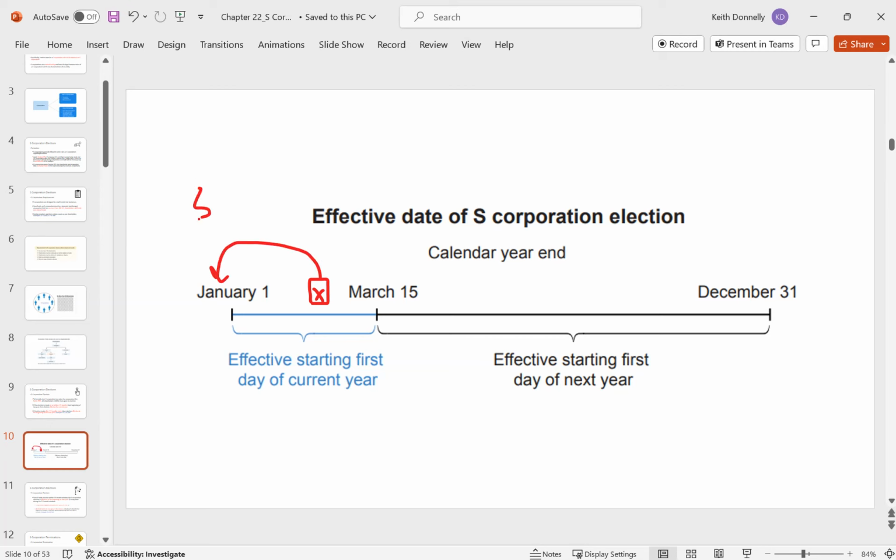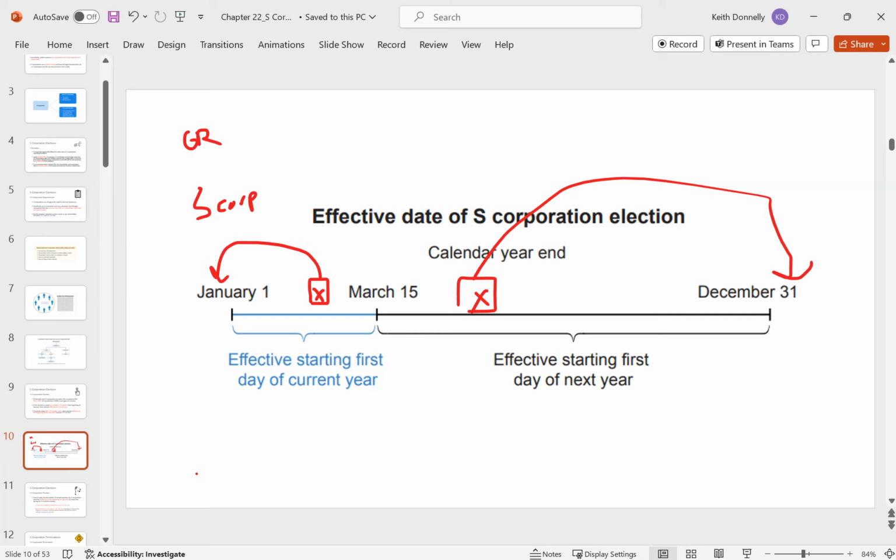You were an S Corp effective as of the beginning of the year. If, however, you make it after this window, hey, it's April, they're going to punt you into the beginning of next year. So 1/1 year 2 would be when your S Corp status becomes effective. That's going to be the general rule.